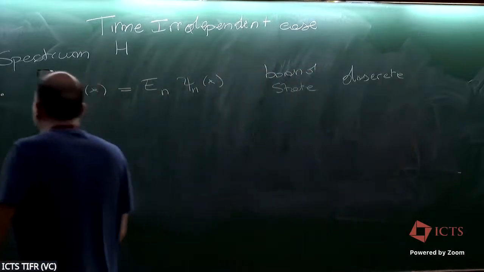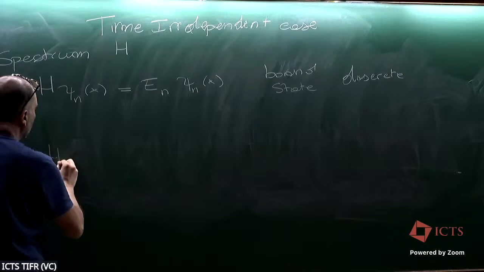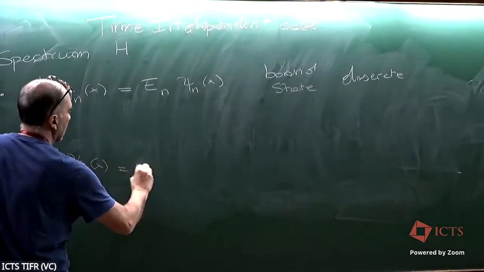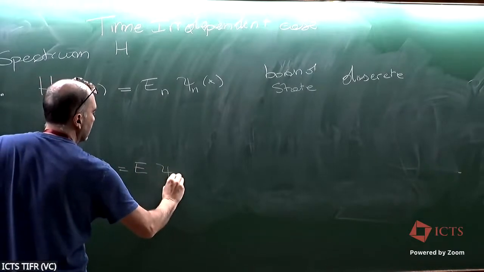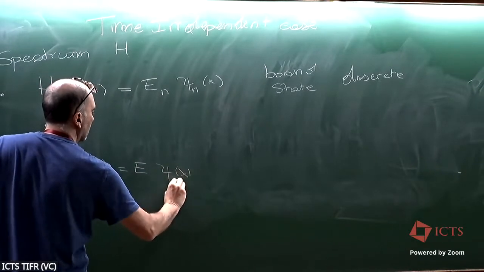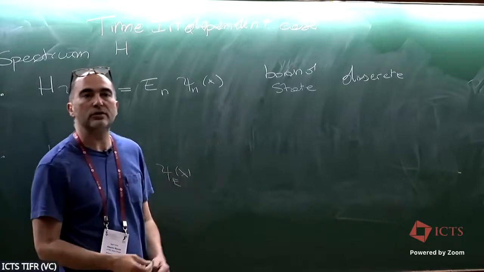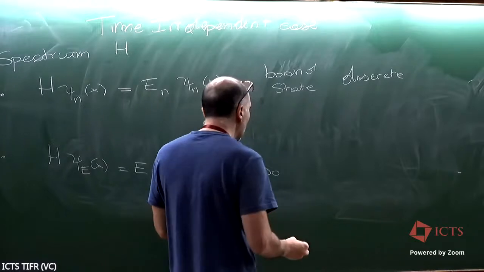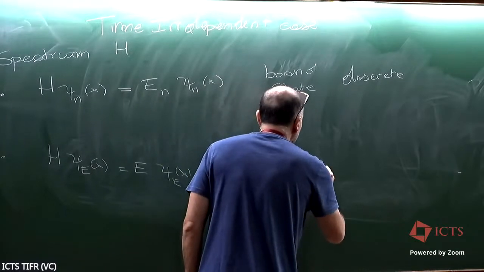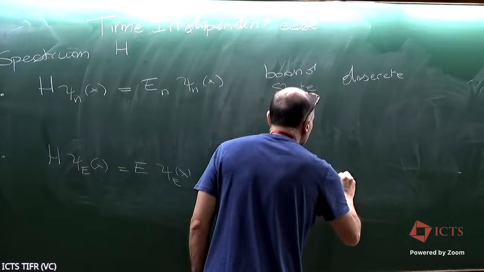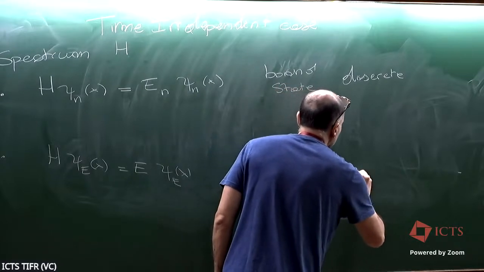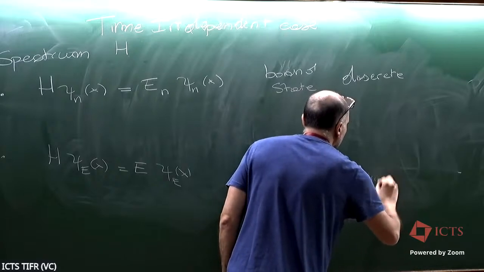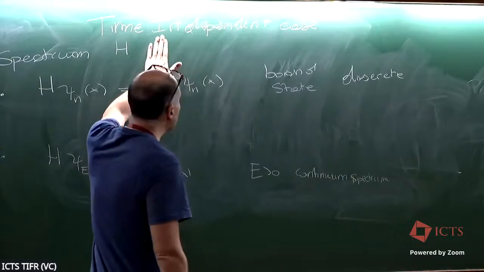Or you can have the continuum part of the spectrum. These are called the scattering states. Usually they are there for positive energy, typically plane waves when you do the free particle problem. So E bigger than 0 is the continuum spectrum. This is when it's time independent, okay?